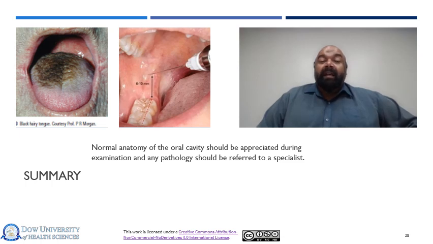For instance, the floor of the mouth, the sides of the tongue, and the inner sides of the lips and cheeks should normally be unkeratinized.